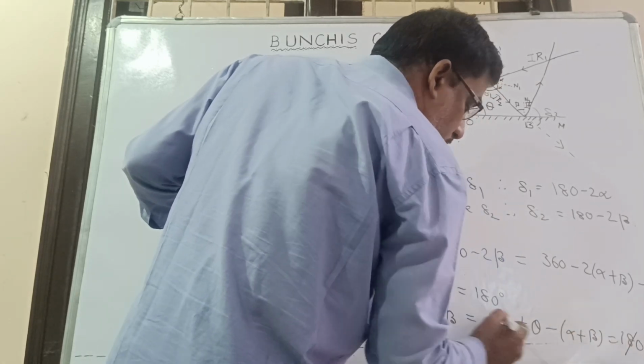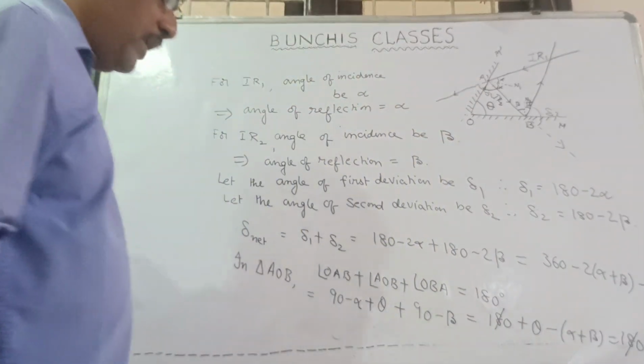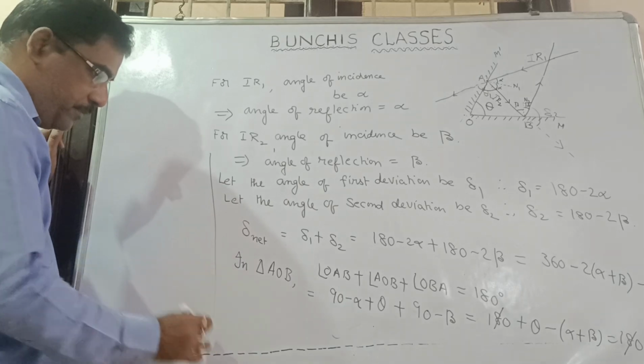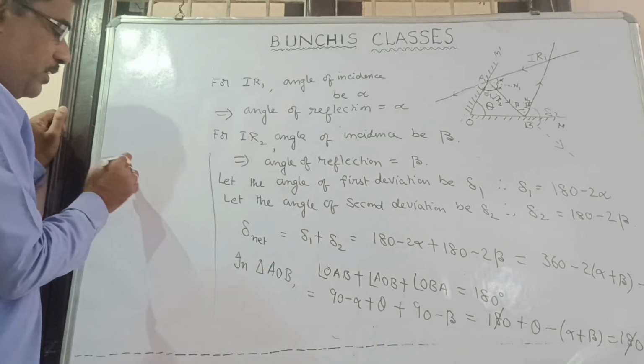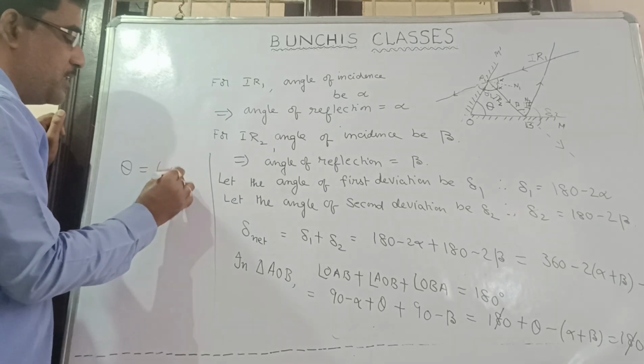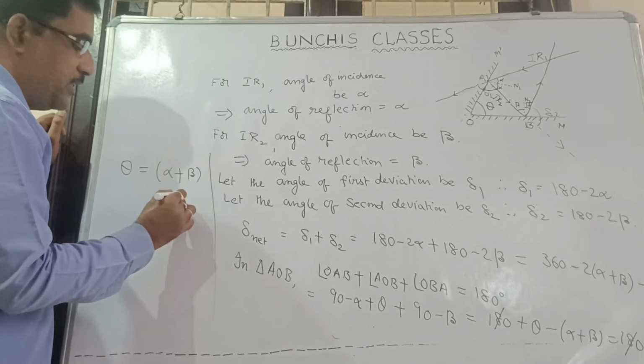So let us cancel 180, 180. Finally, what we got? I will write here. From that equation, theta is equal to alpha plus beta. This is number 2.